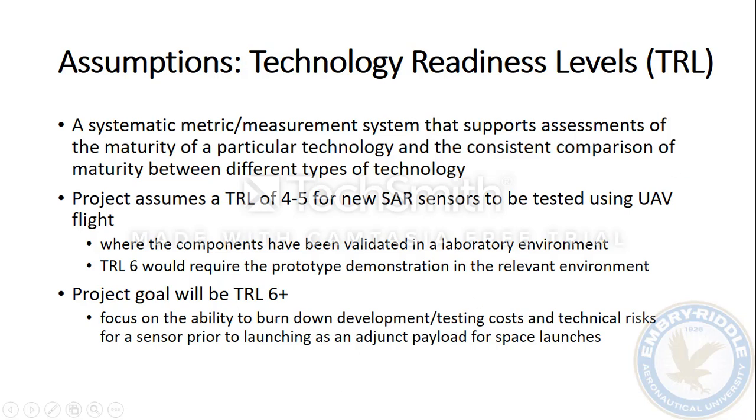Essentially, this ties into risk reduction testing. You want the valuable information, test data, to show that this sensor is going to work, or build confidence that it will work when you get further into the integration or engineering life cycle for a space program.